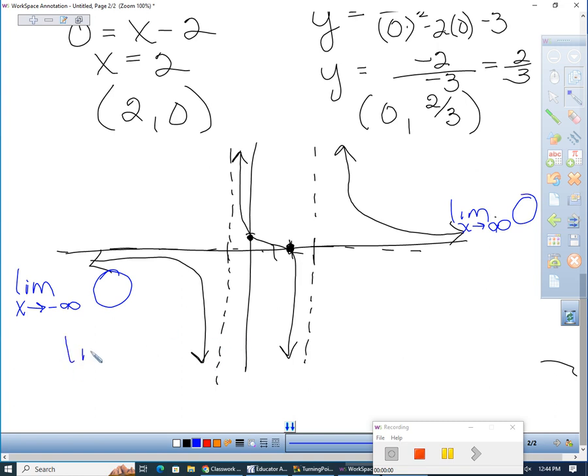This is the limit, and this is going to be something new, as x approaches. Now, x is getting closer and closer to this asymptote of negative 1. So it's approaching negative 1.